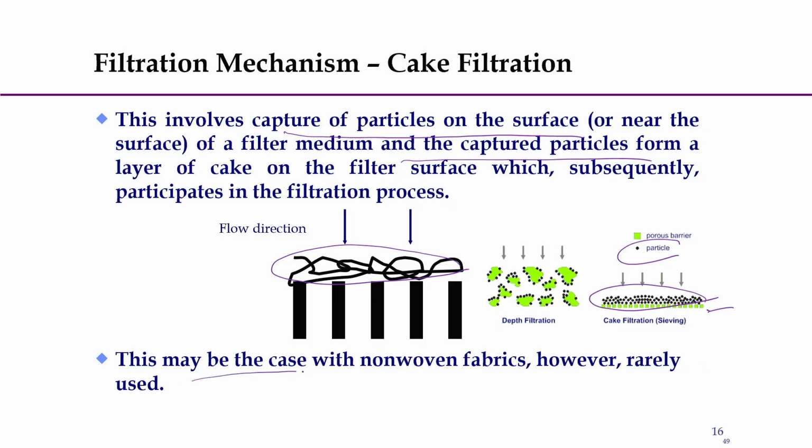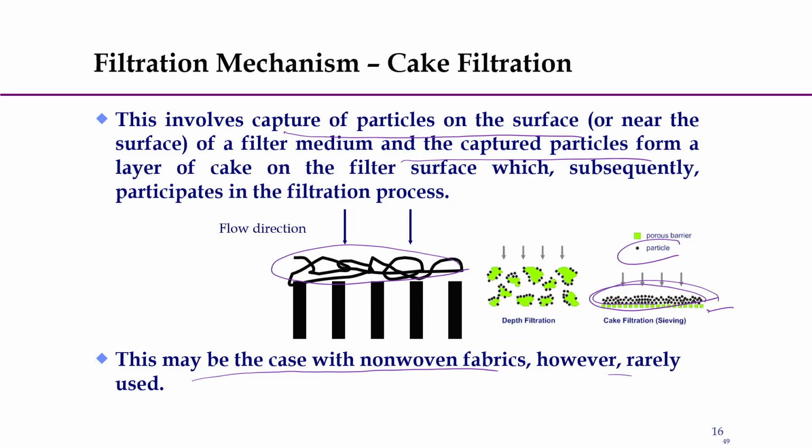This may be the case with non-woven fabrics, however, it is rarely used. Cake filtration is important for geotextile, and sometimes we preform the cake, initially we create the cake on the fabric surface, so that from the beginning the filtration is high.